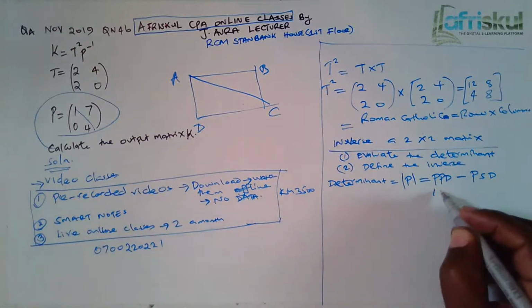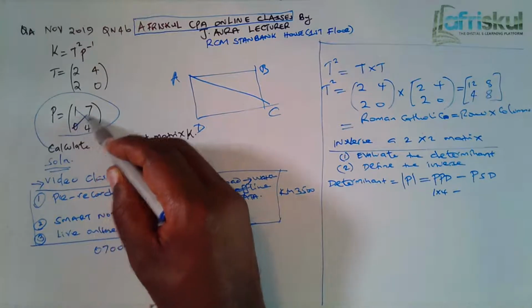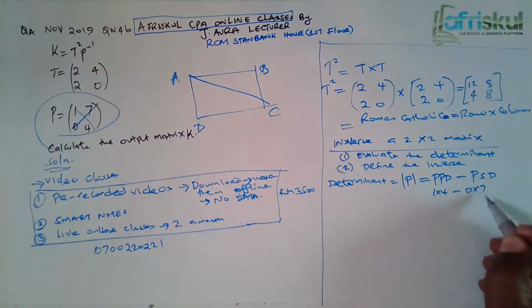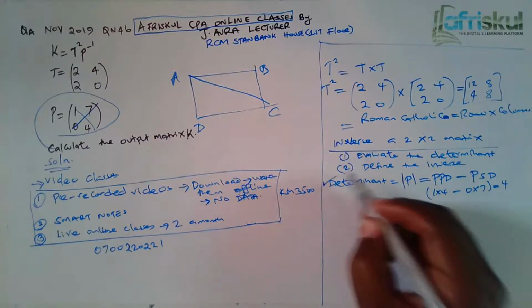It is 1 times 4 minus the product of the secondary diagonal, which is 0 by 7. So this outrightly gives me 4. Step number 1 is over.